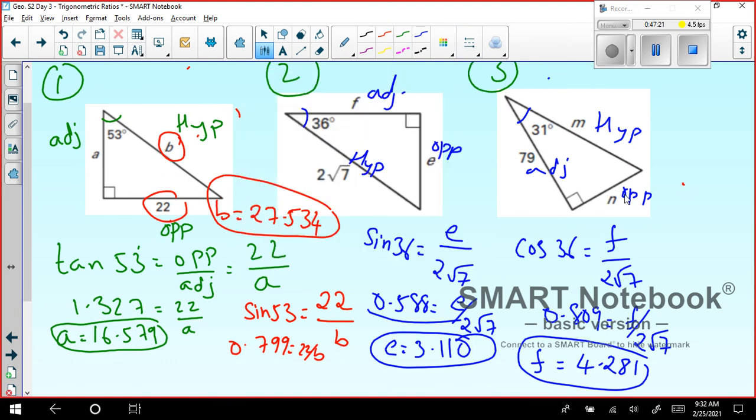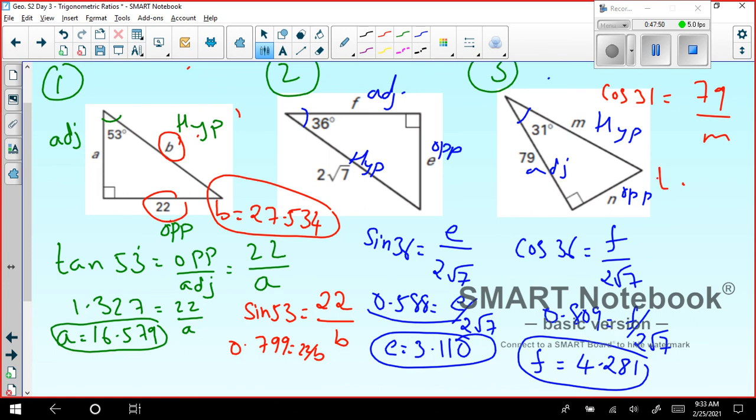Let's see first. We have to always involve the adjacent. Adjacent over hypotenuse will give us cos 31. So cos 31 equals adjacent, that is 79 over m. You can further simplify using the calculator for m. Same way, to find n, I'll have to involve opposite and adjacent. Opposite and adjacent is nothing but tan.